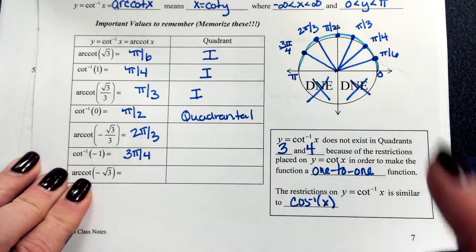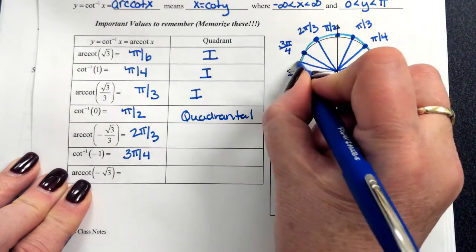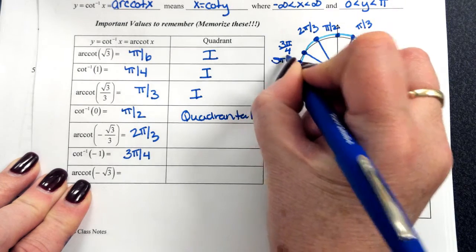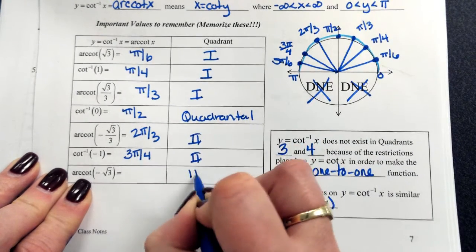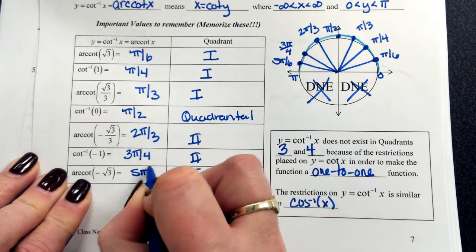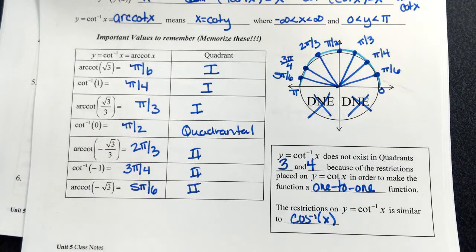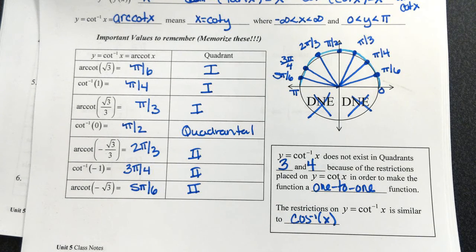And then lastly, your inverse cotangent of negative square root of 3 is your last angle, 5 pi over 6. These are all where you're in quadrant 2. So those are the values you have to know for the inverse cotangent.